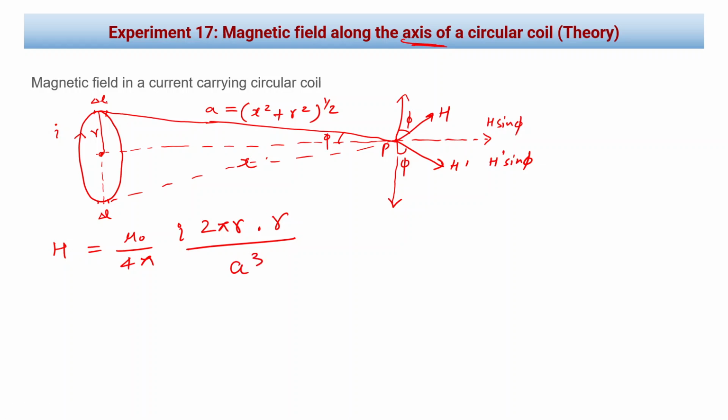If this is just a single turn coil, then this is the expression. If the coil consists of n number of turns, then we'll multiply it by n.